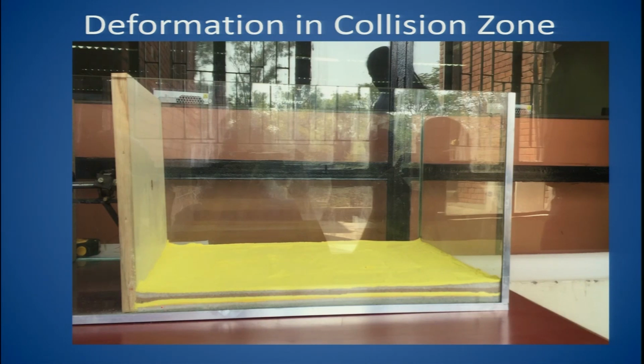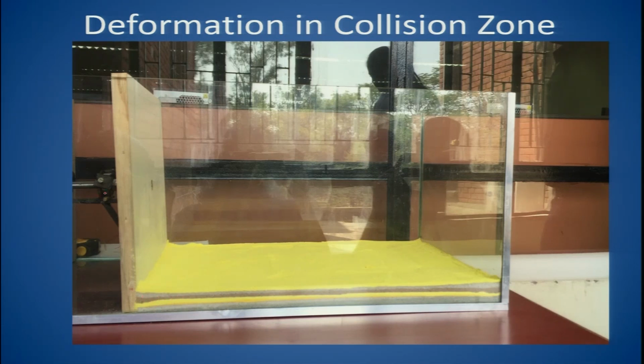We are not considering an inclined ramp, just a flat surface, and created some thickness using different grain sizes like sand and silt, with different colors, so that we can look at the development of the topography and the pattern of deformation on either side.